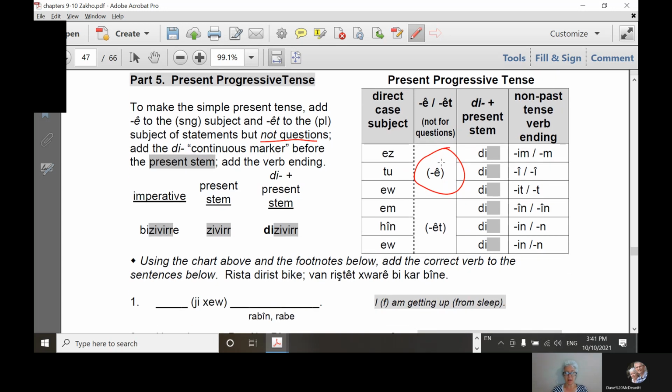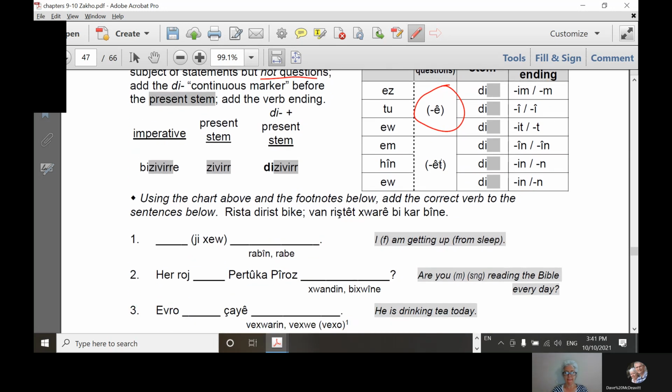All right, so what does that look like? Here, you have to put the subject in. I am getting up from sleep. So you would write in as.